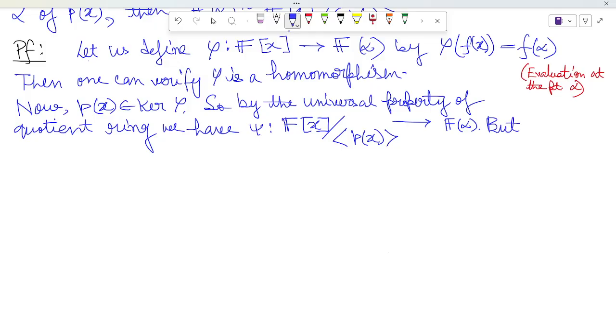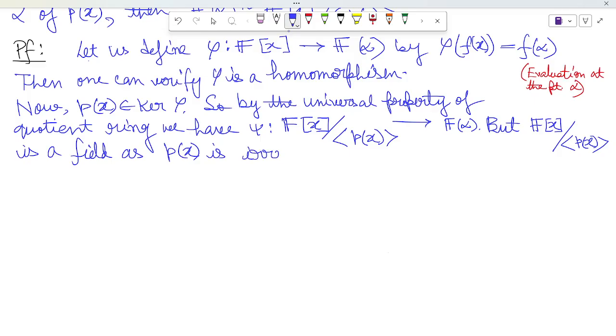But F[x] mod p(x) is a field because p(x) is irreducible.